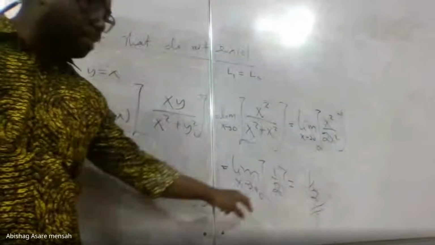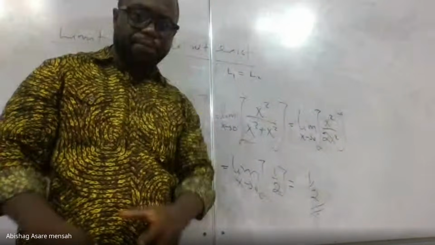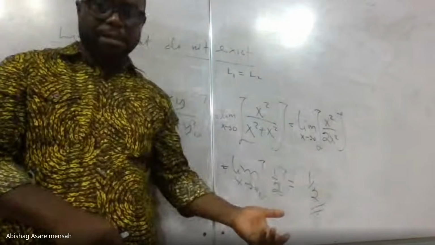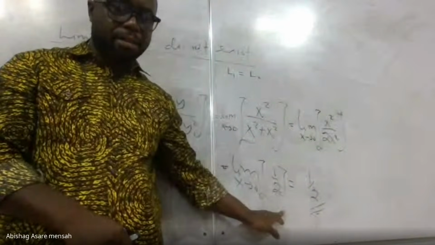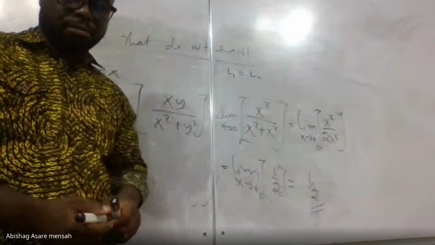The first one was 0, the second one was 0. Now the third test is not giving 0; this 1/2 is different from the result that we had. So we conclude that the limit of this function does not exist. Any question here?